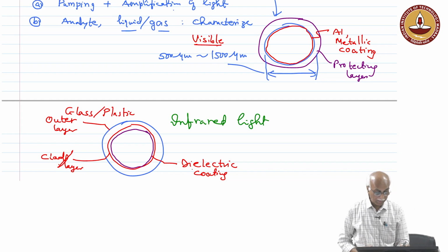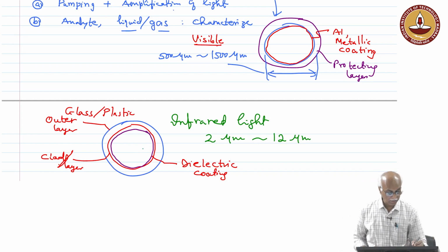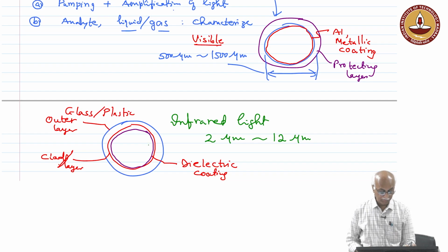Depending upon the type of dielectric coating, it can allow 2 micrometer to 10-12 micrometer light to transmit through this hollow core, and internal diameter may be of the order of 500 to 1500 micrometer.